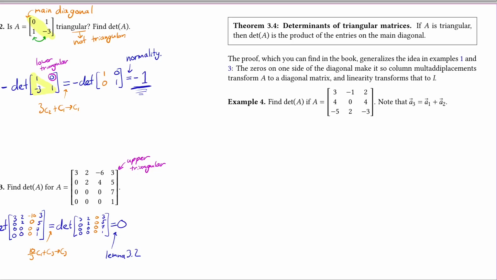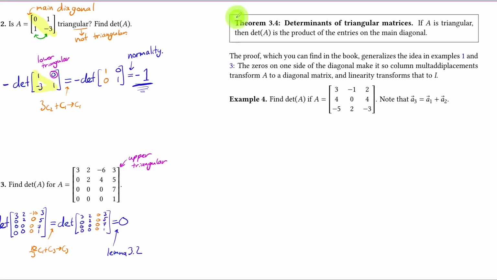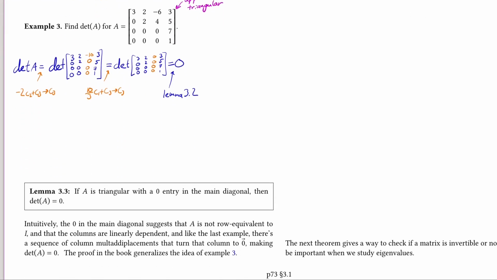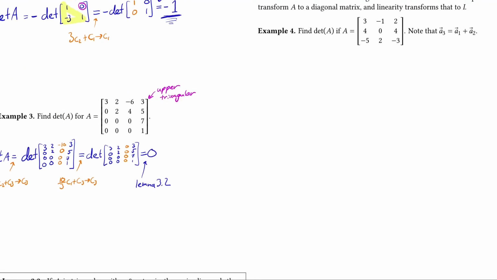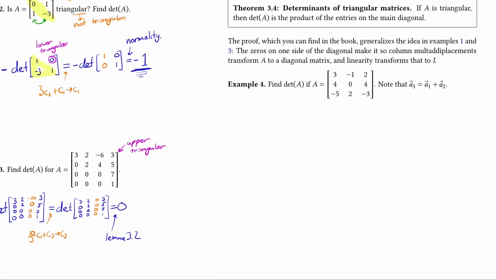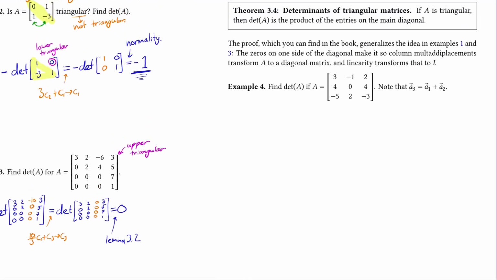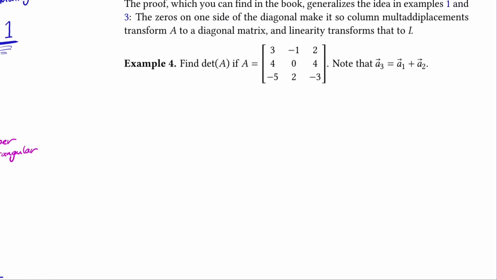All right, so we just sort of explained why this theorem 3.4 is true and what lemma 3.3 has to do with that by way of these examples. Let's look at another example here where we want to find the determinant of this matrix.